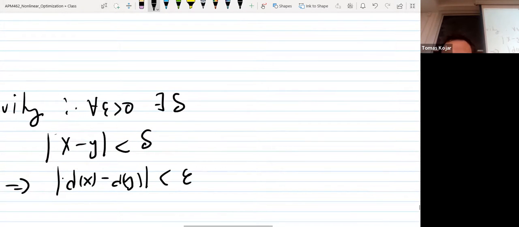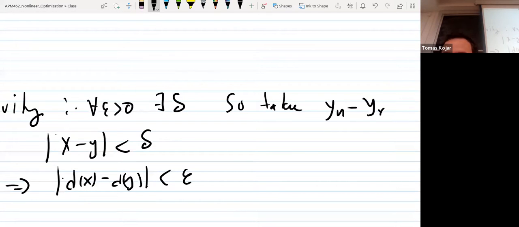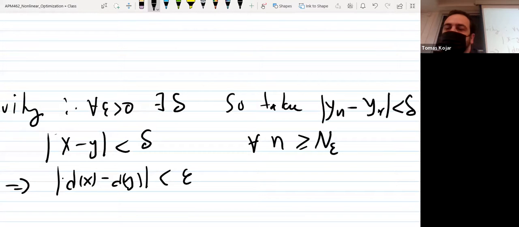So now take yn to be so close to y star that it's less than delta, for all n bigger than some n epsilon.